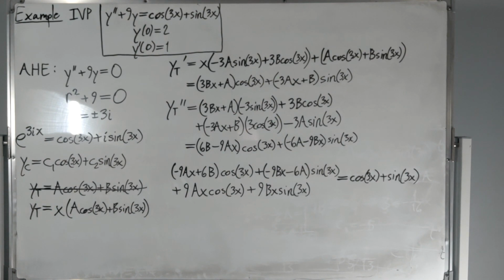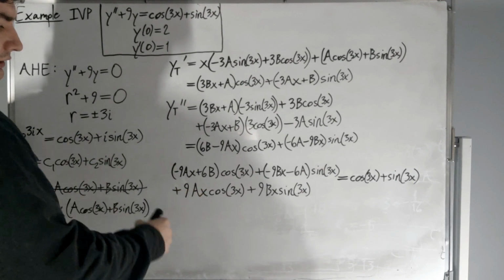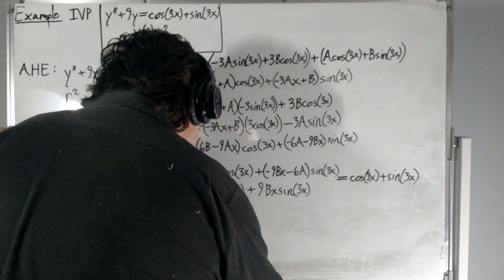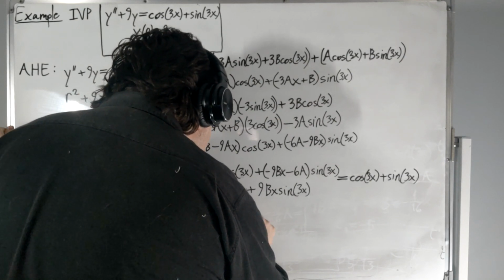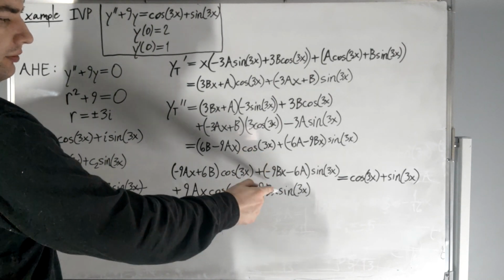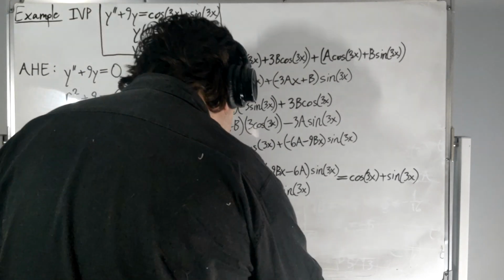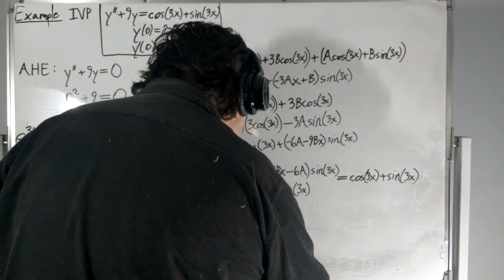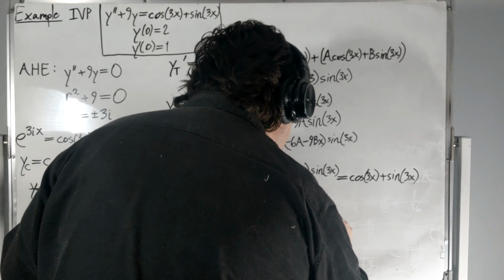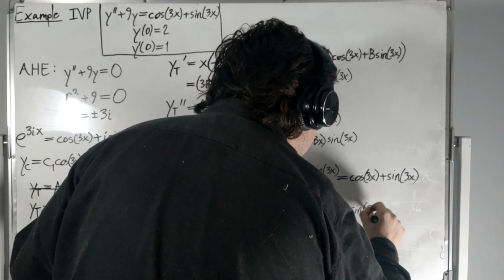Okay, so let's see here. Negative 9ax and 9ax cancel, so we get 6b cosine of 3x. And over here, negative 9bx and 9bx cancel, so we get negative 6a sine 3x, is equal to cosine of 3x plus sine of 3x.